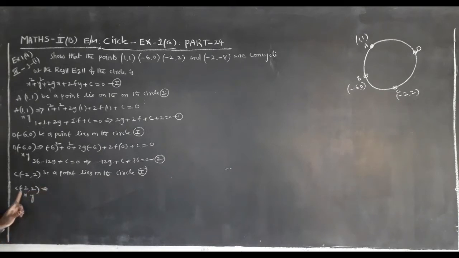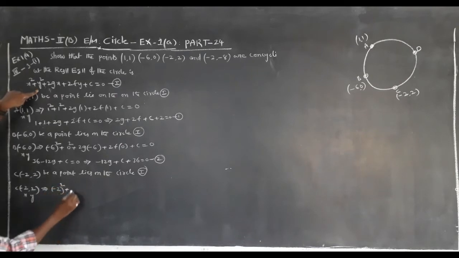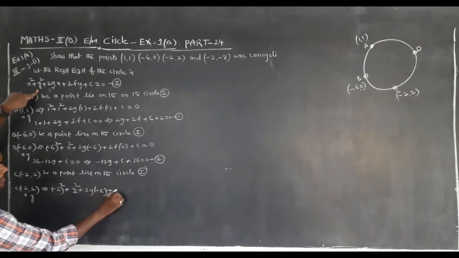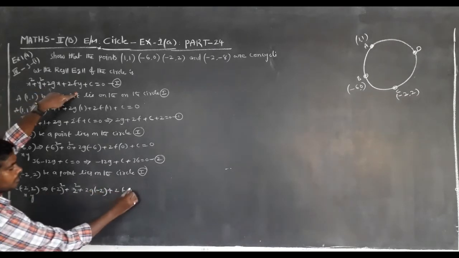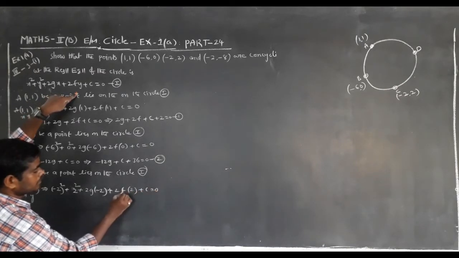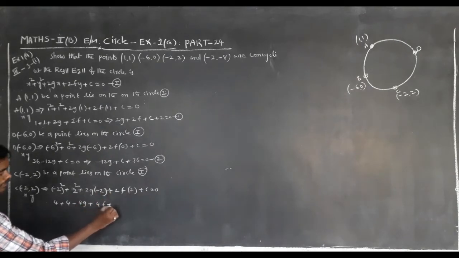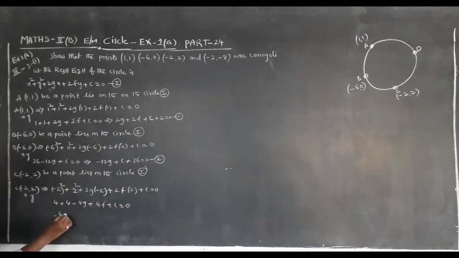Substitute x equal to -2, y equal to 2 in equation 1: (-2) whole square plus 2 square plus 2g into (-2) plus 2f into 2 plus c is equal to 0. (-2) whole square is 4, 2 square is 4, plus -4g plus 4f plus c.